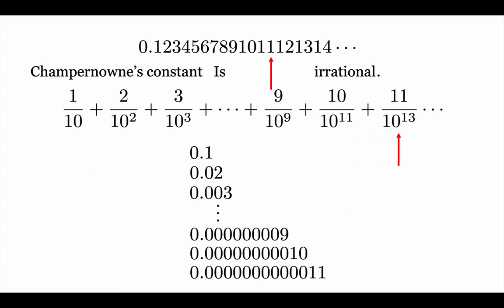It's 11 over 10 to the 13th. So there's not really a nice way we could say that, like we said 0.7 is 7/10, but you could say individual digits. I don't like that pattern breaking. The exponents of the power of 10 went 1, 2, 3, 4 up to 9, and then they skipped 10 to go to 11, and then skipped 11 to go to 13.